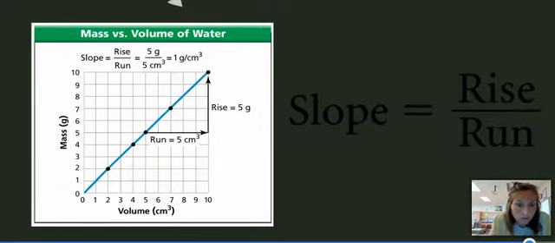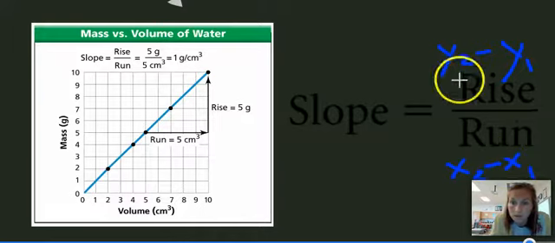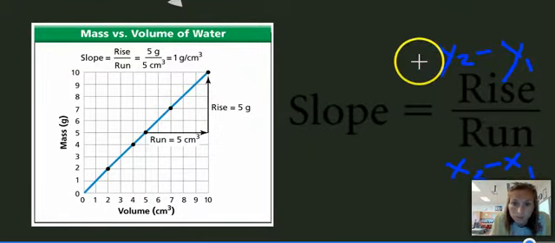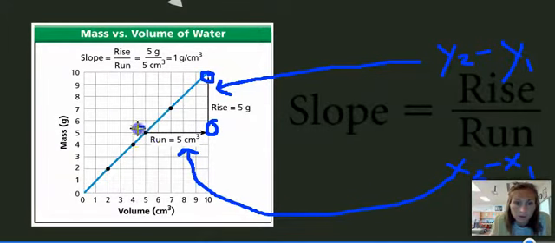So if I got my little tool here, and I do, so over here, your rise is your y2, your second y value minus your first y value, over your x2 value minus your x1 value. Once you subtract those values, which again you'll find over here, this point and this point for y1 and y2, and then for the x's are right here, your run, the distance between these 2 points, you would divide and get your answer for your slope.